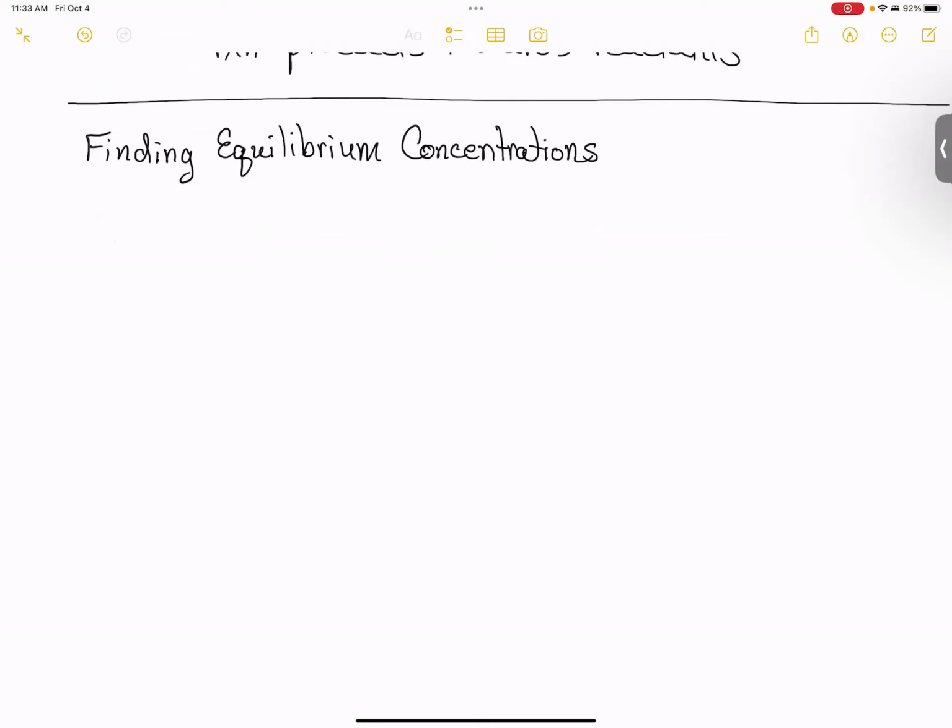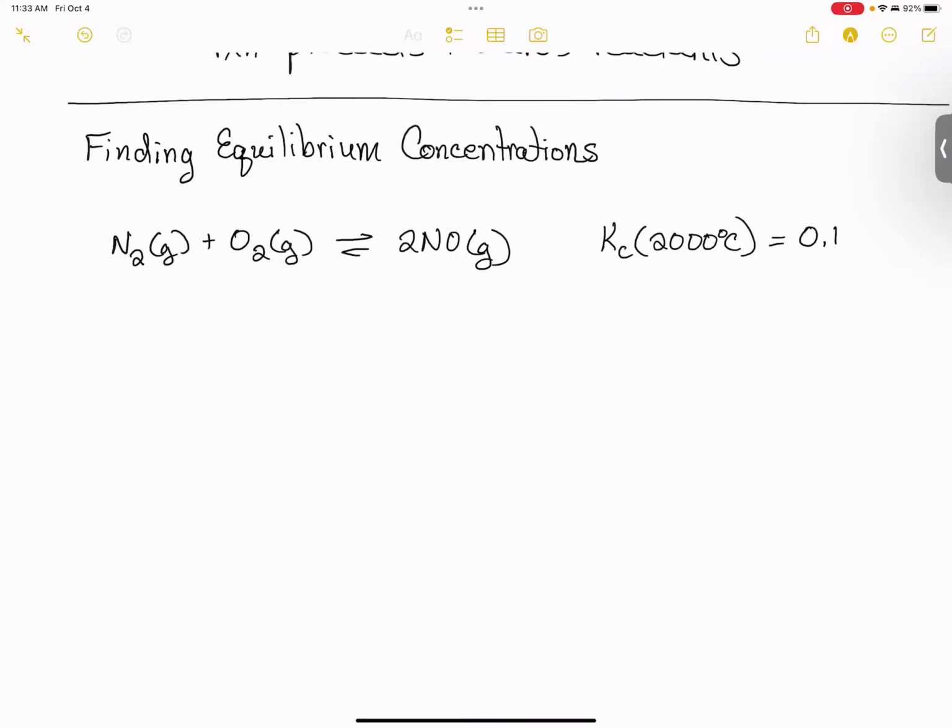Let me illustrate. N2 gas plus O2 gas goes to form 2 NO gas. This has a Kc at 2000 degrees Celsius of 0.10.